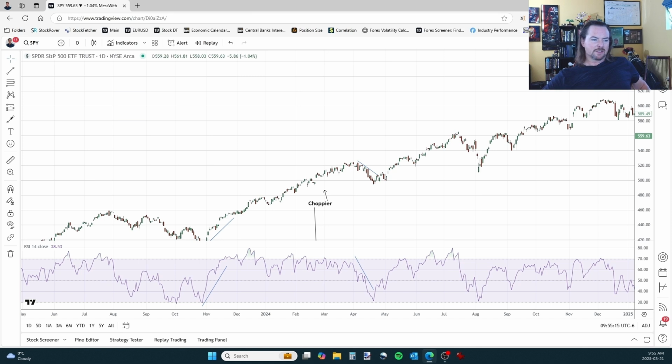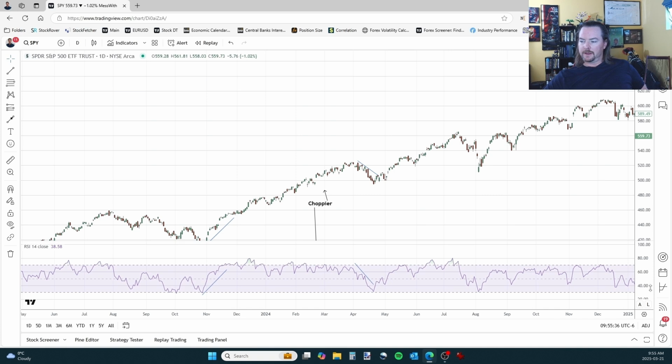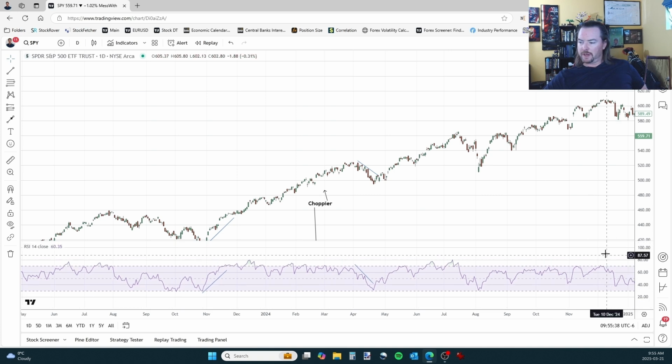I just have a SPY chart up here, the S&P 500 ETF, because it's basically a culmination of many different stocks. I have this set so that it's 70 on top of this purple box, 30 at the bottom. And this would be the full range, 0 down here, 100 up here.